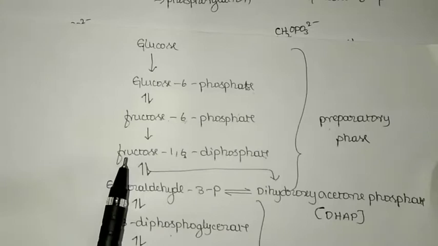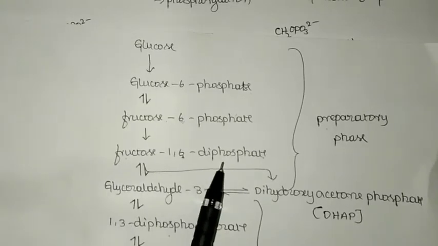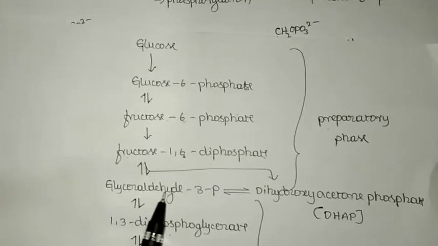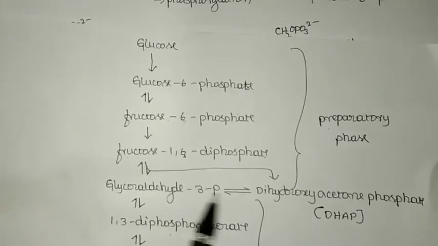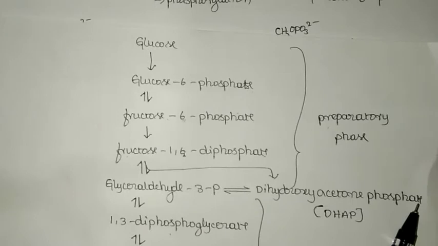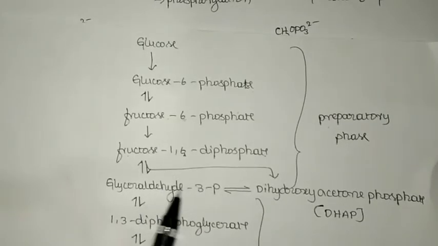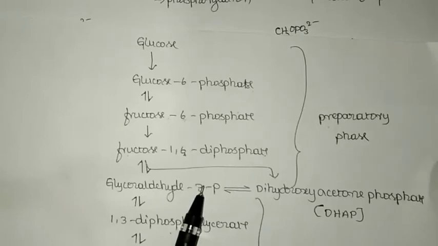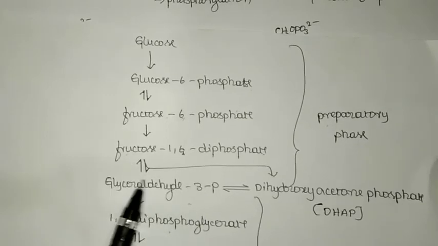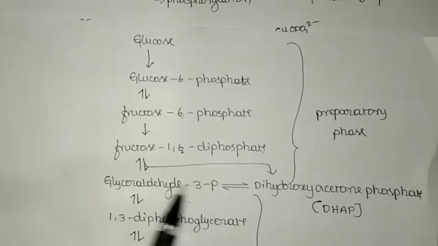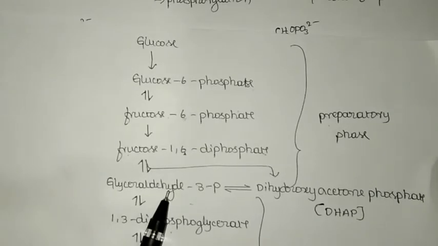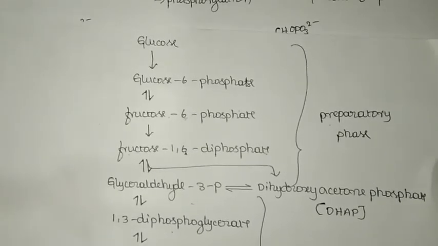The fourth reaction is that fructose 1,6 diphosphate will break down so as to produce glyceraldehyde 3-phosphate and dihydroxyacetone phosphate, and once again the dihydroxyacetone phosphate will convert back into glyceraldehyde 3-phosphate. So this is the fourth and fifth reaction, but now we shall write the fourth reaction.